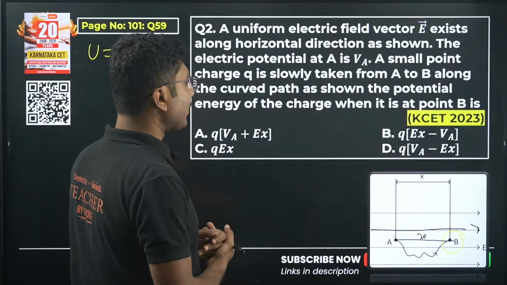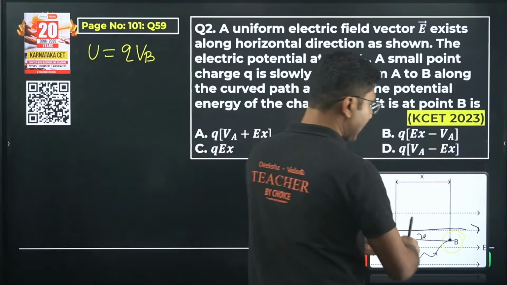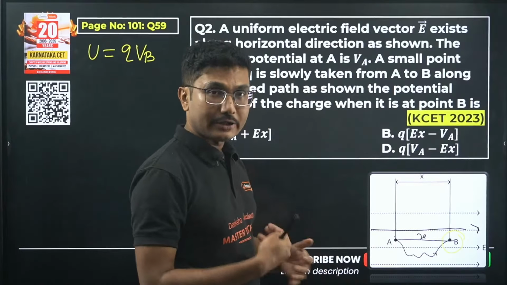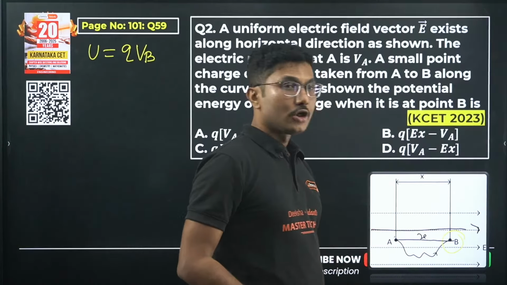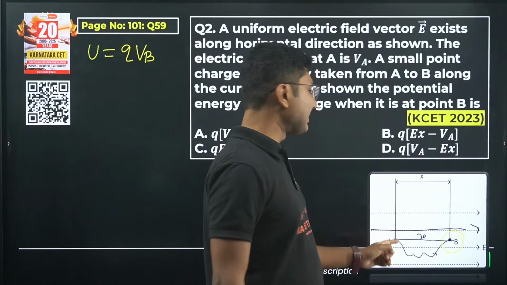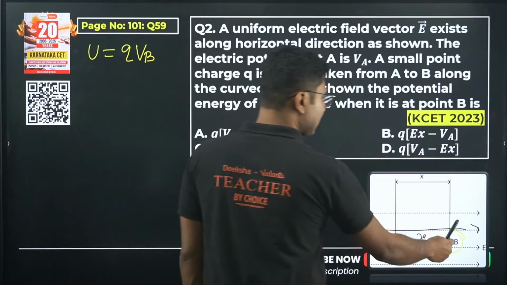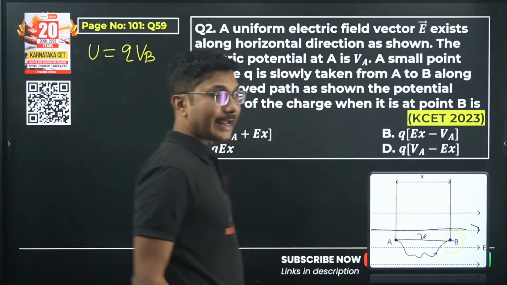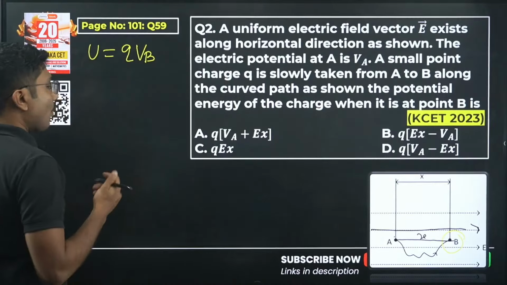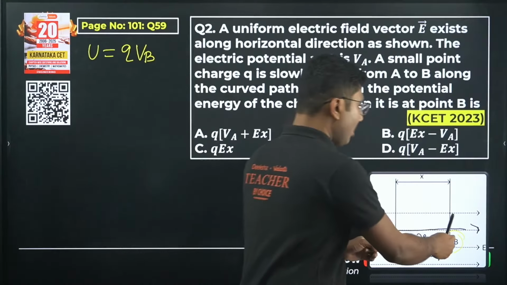So first of all, you have to understand that as you are moving in the direction of electric field, the electrostatic potential decreases. So VB must be less than VA. Now what is the value of potential at B?